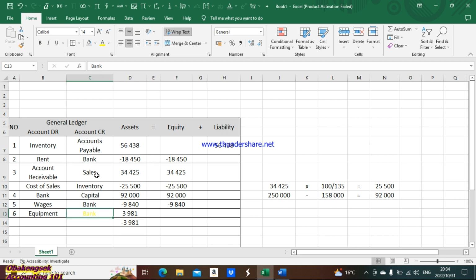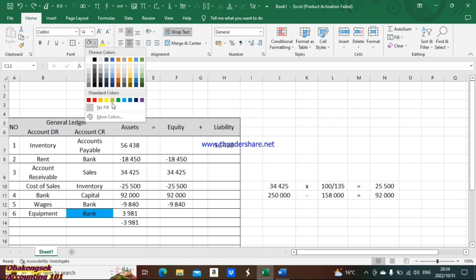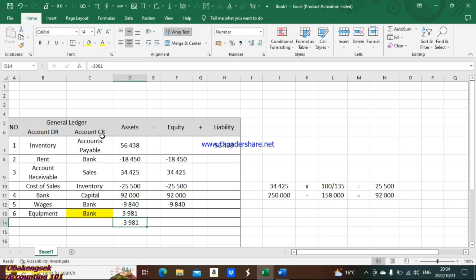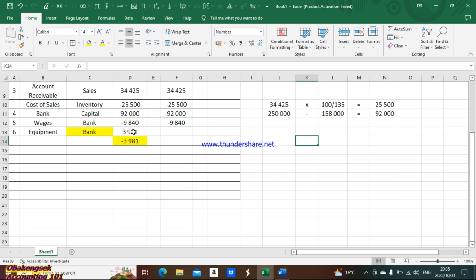I've been trying to highlight this. Okay, so this is the bank amount, because they are both assets. So the one asset increases, the equipment increases, but the bank decreases.